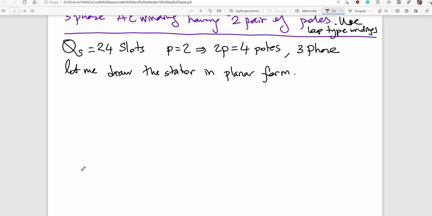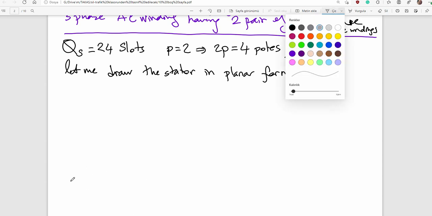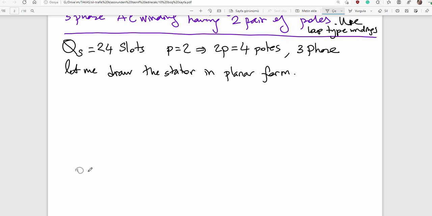Here you see one. Let me change color. Here are 1, 2, 3rd, 4th, 5th slot, 6th slot, 7th, 8th, 9th, and so on, up to the 24th, the final slot. After the 24th, since the machine is circular, you observe the first one.